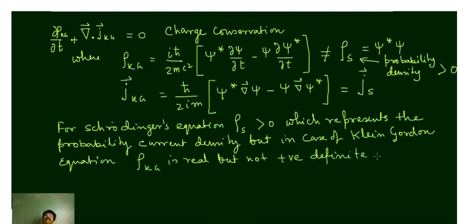You can have a negative rho as well, so that has to be interpreted properly. And rho also represents the charge density.